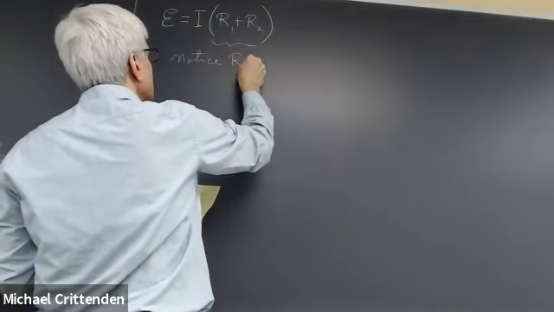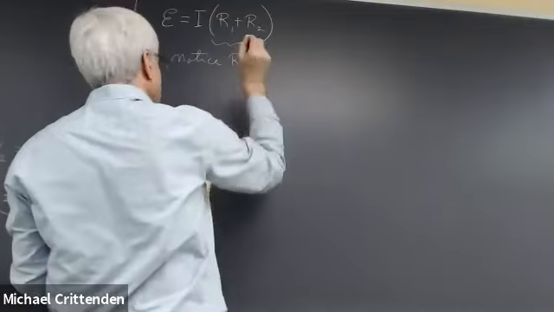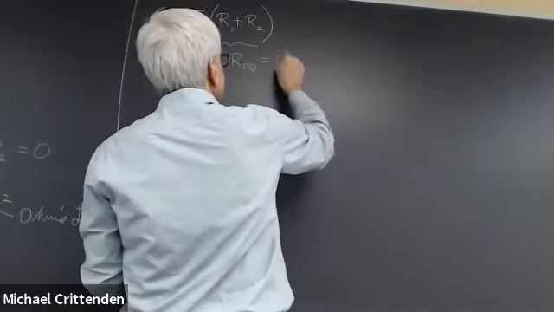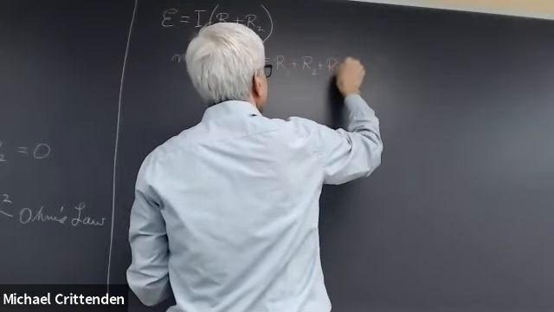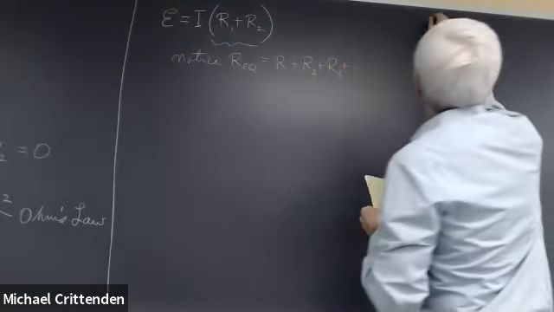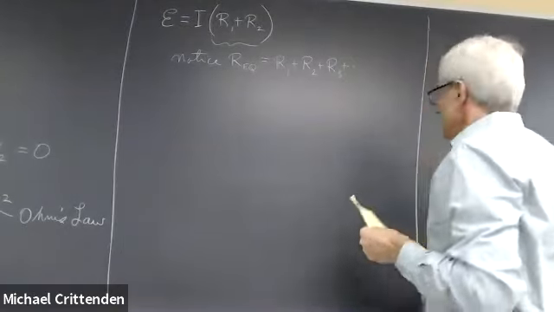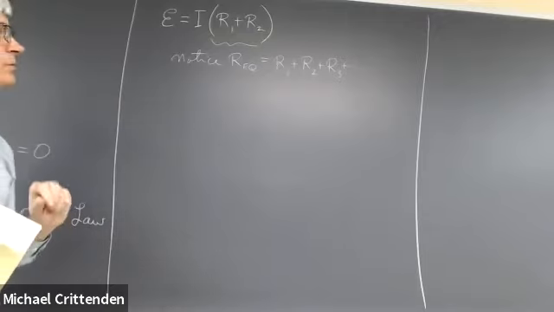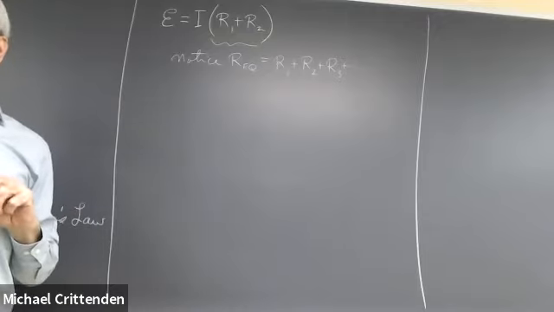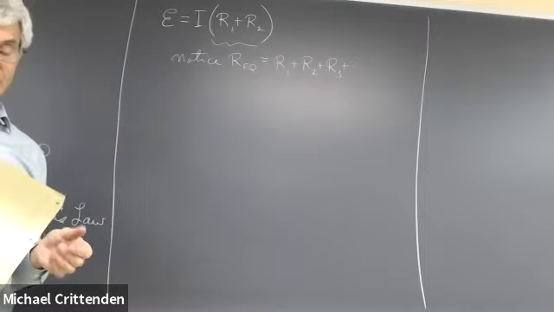So notice that equivalent resistance in a series circuit is the sum of the individual resistors, as asserted without proof previously.